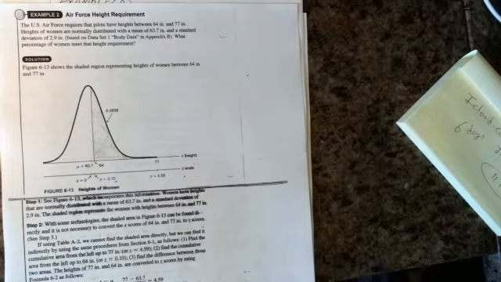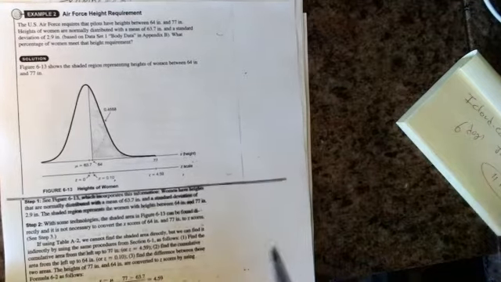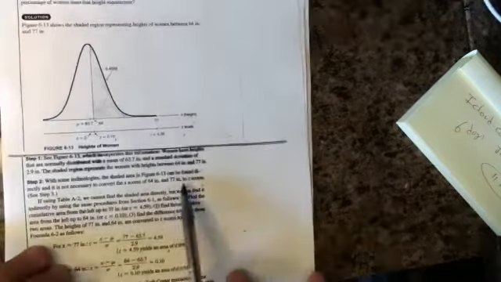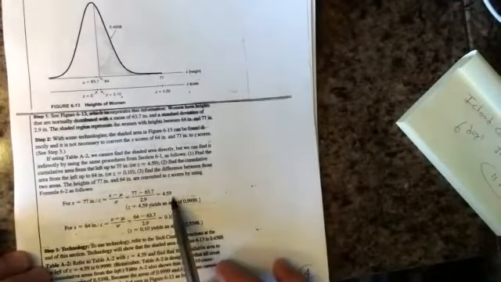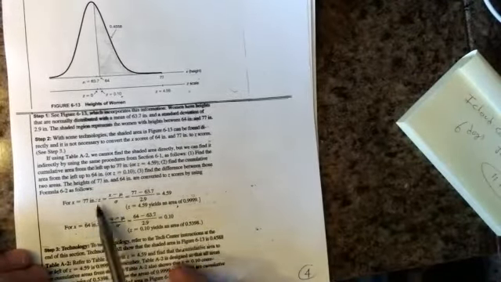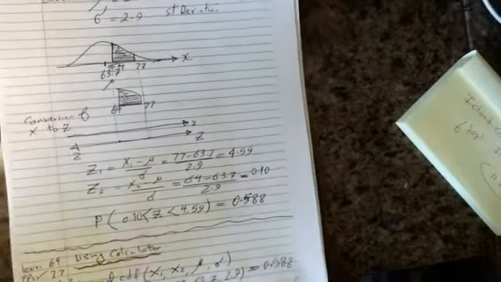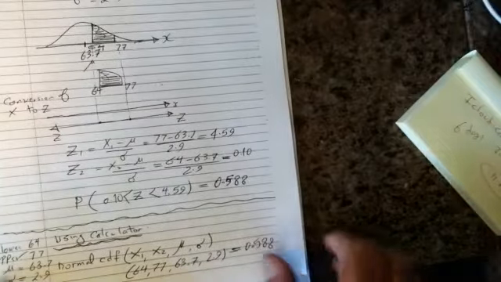Find the percentage of women who meet the height requirement. So for this problem, this is the solution you have in the textbook. If you really want to do the conversion, you have to do 2 conversions. Why? Because you're talking about 2 heights, 77 and 64. On this page, I show you both methods.